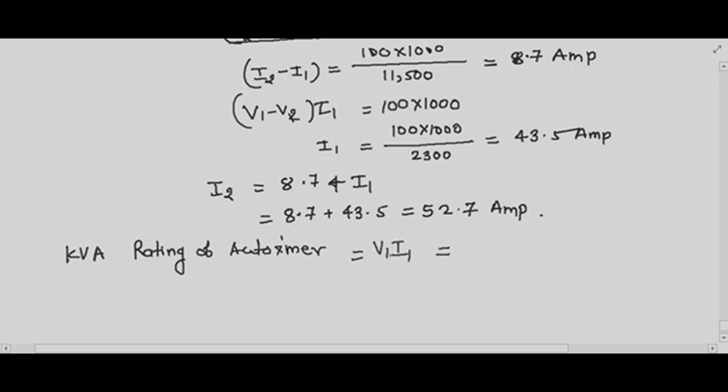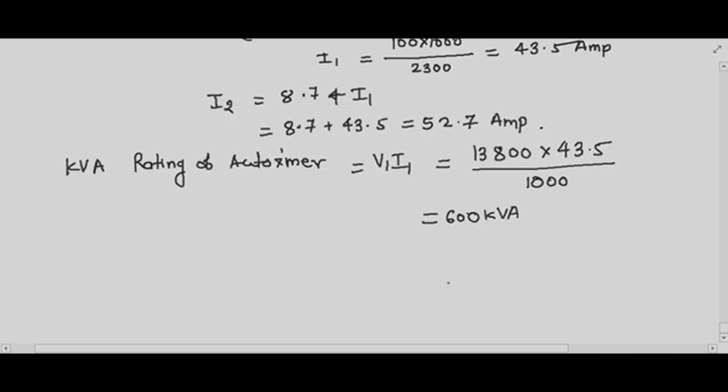So what is V1? 13,800 into I1, we got 43.5, divided by 1000. So we will get the rating in kVA. So it will be 600 kVA. So a 100 kVA transformer, when it is connected as an auto transformer, its output will be 600 kVA.